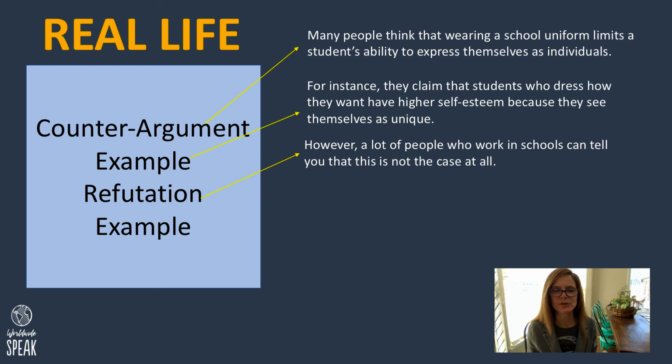And you're going to use refutation like this. However, and that word however shows contrast. You have to use one of those contrast transition words. A lot of people who work in schools can tell you that's not the case at all.